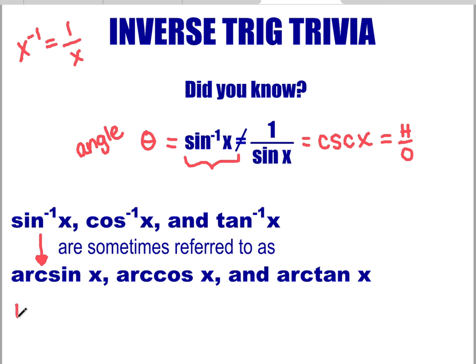Maybe I would have suggested invsine of x, but I wasn't around when they invented this. So they call it arcsine instead of inverse sine. And if you ever see that notation, just know that they're talking about the inverse function. They're talking about what the angle will equal.